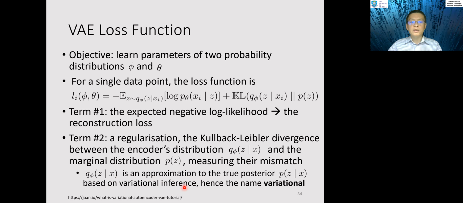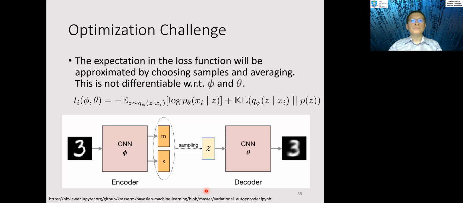This approximation is a technique in variational inference. And therefore, this autoencoder is called variational autoencoder because we use the technique of variational inference. But there's still another challenge. The expectation in the loss function needs to be approximated by choosing samples and then averaging.